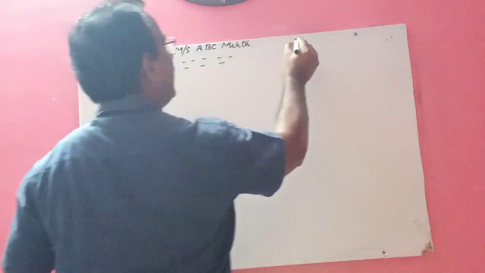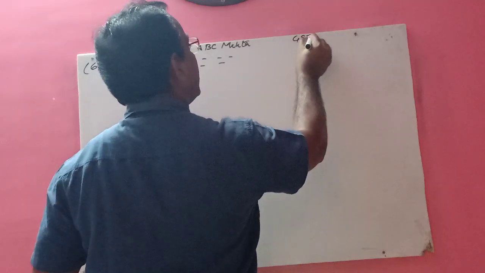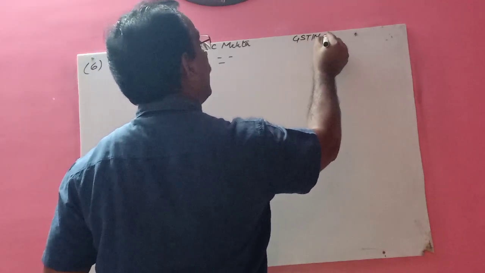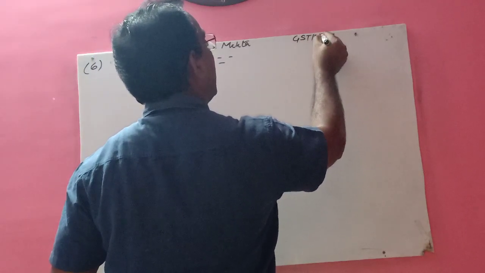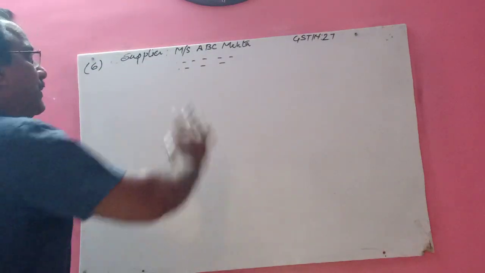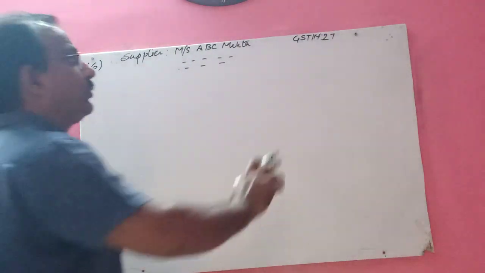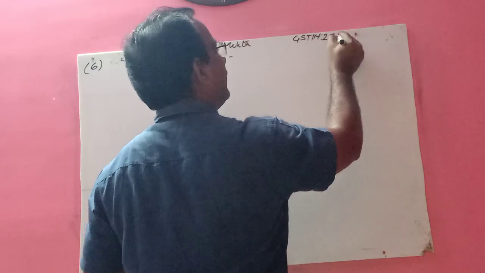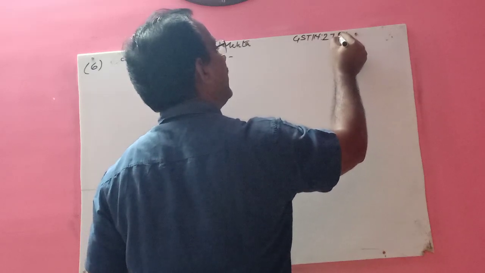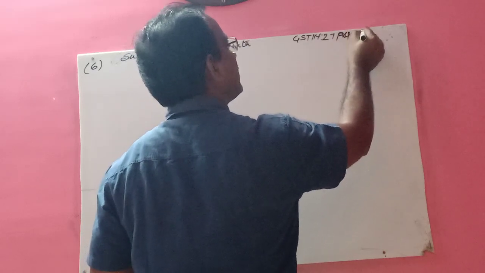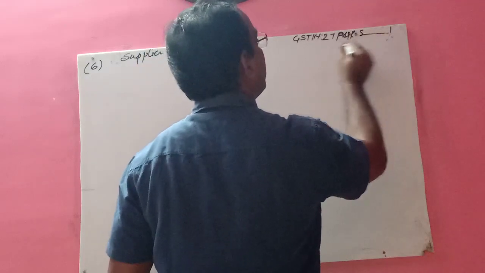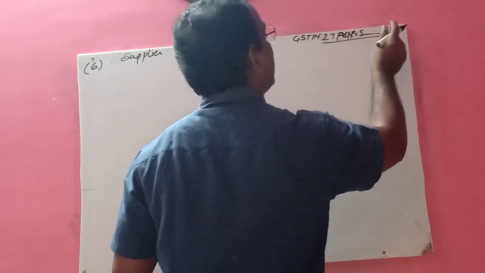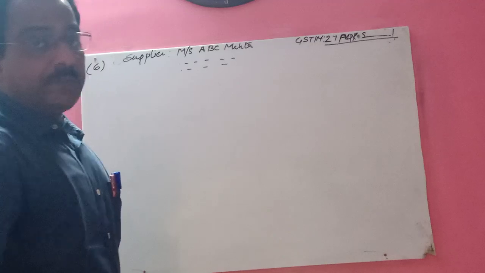So here you will write the GSTIN, which requires what? Code number. We are in Maharashtra, this shop is in Maharashtra, so you will write 27 ABC PQRS, right, up to here. Then how many letters should this total be? It should be 15 digits.